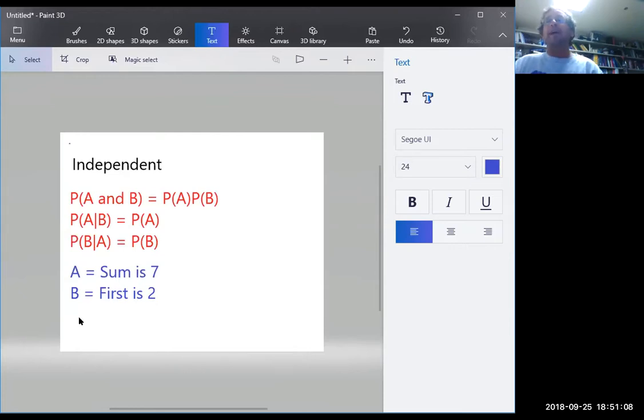Or I can say, if you look at the probability of having a 2 and the sum being a 7, is that equal to the probability that the first is a 2 times the probability that the sum is a 7? So I have 3 choices on calculations. Which do you think is easiest?